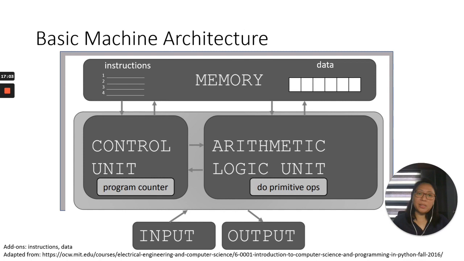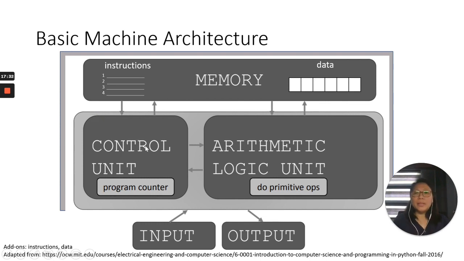It executes the instructions using primitive operations such as plus, minus. And then the control unit has one program counter, and the control unit handles the sequence of execution, the sequence of instructions.